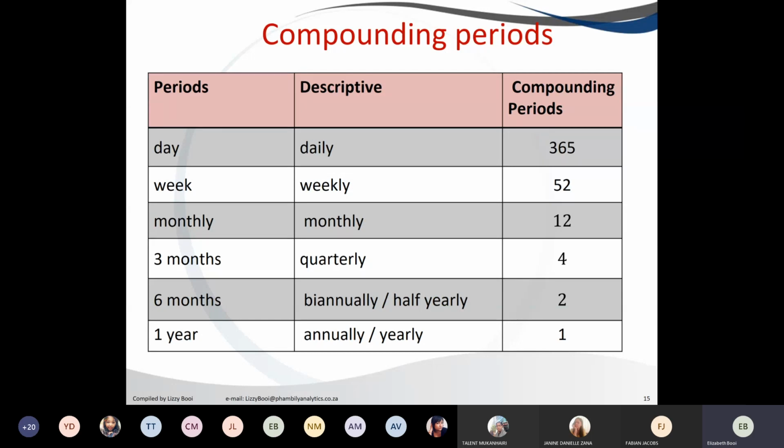Biannually, there are 2 because it's every 6 months of the calendar, and yearly it's always going to be 1. You need to know this by heart because they're not going to give it to you. For daily, we always use the full calendar and don't take the leap year into consideration, so it's always calculated with 365.